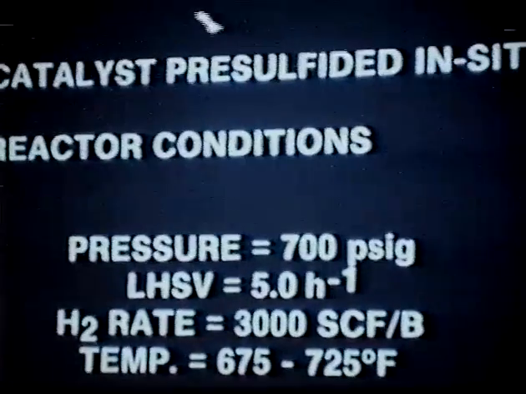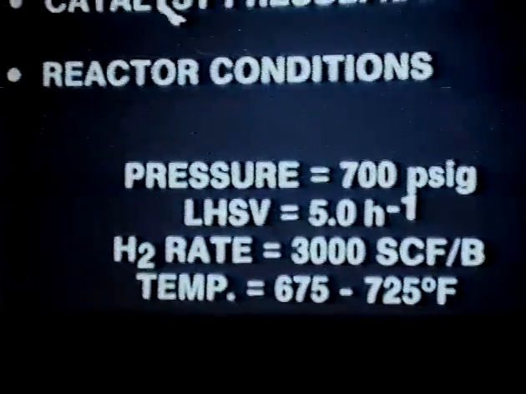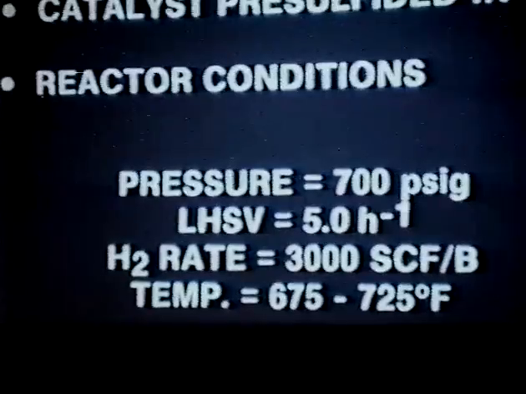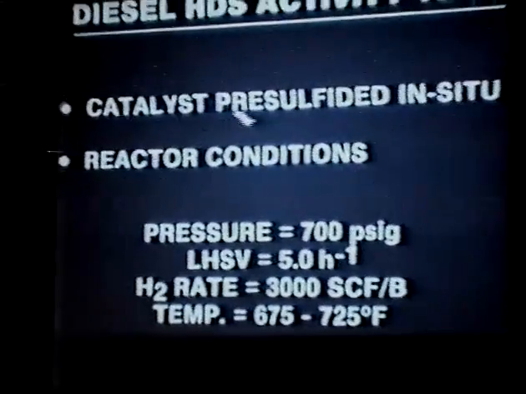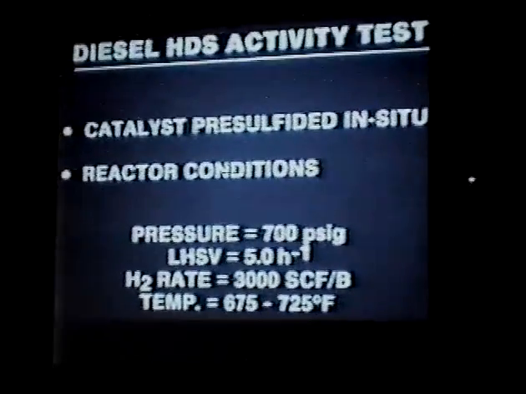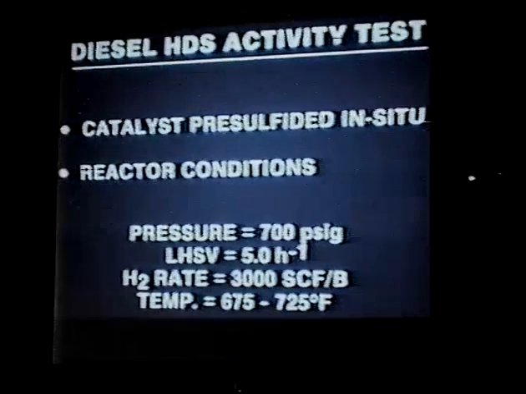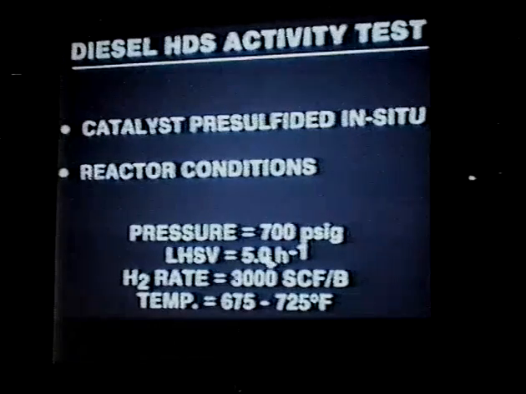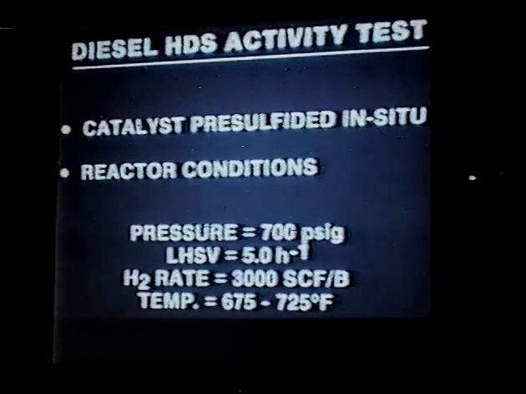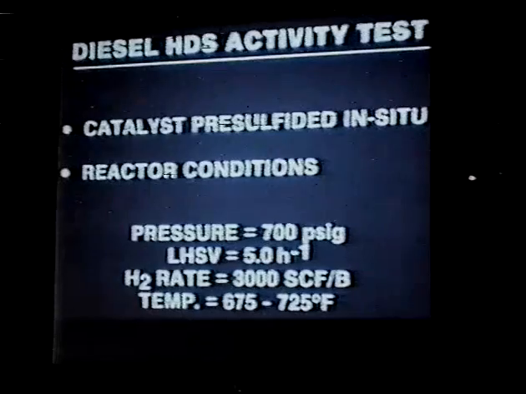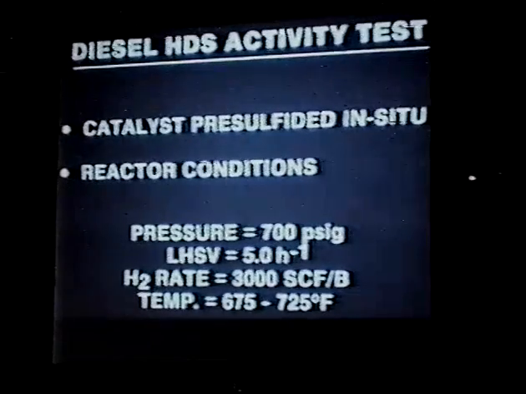The activity test, in this case, consisted first of pre-activating the catalyst to make the active sulfides on the surface. And that was done in the reactor. The reactor conditions that were used were 700 pounds, a space velocity of 5 reciprocal hours. That means 5 volumes of feed per volume of catalyst per hour.